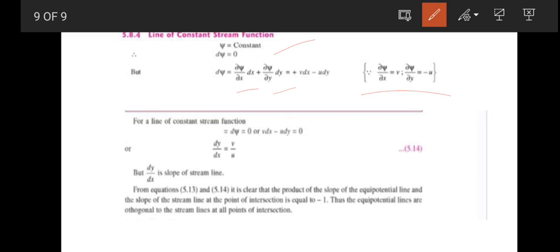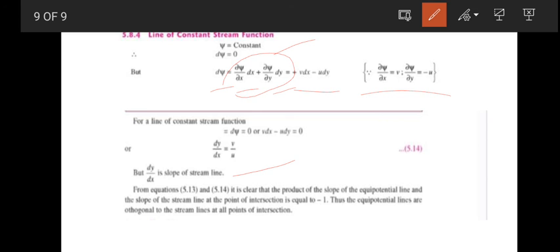After substituting in this equation, we have dψ is equal to minus v dx minus u dy. Okay, so for a line of constant stream function, taking this equation equal to 0, dψ is equal to 0, v dx minus u dy is equal to 0. So dy by dx is equal to v divided by u, but dy by dx is the slope of the streamline.